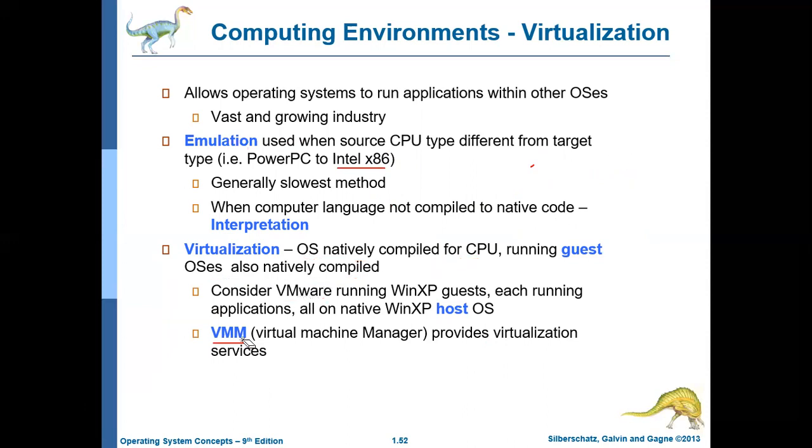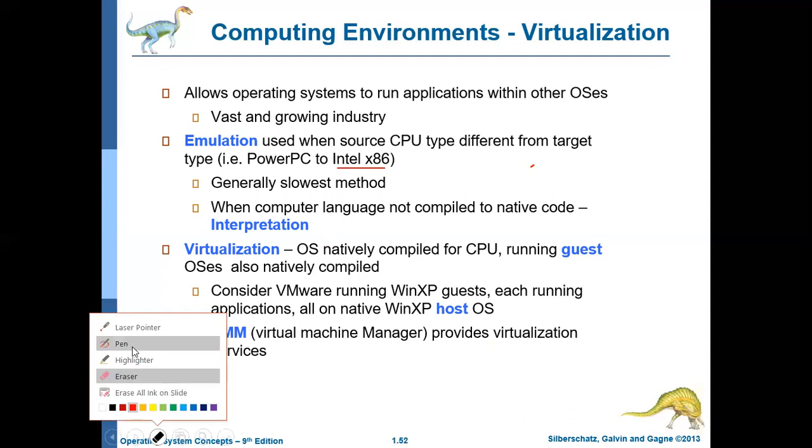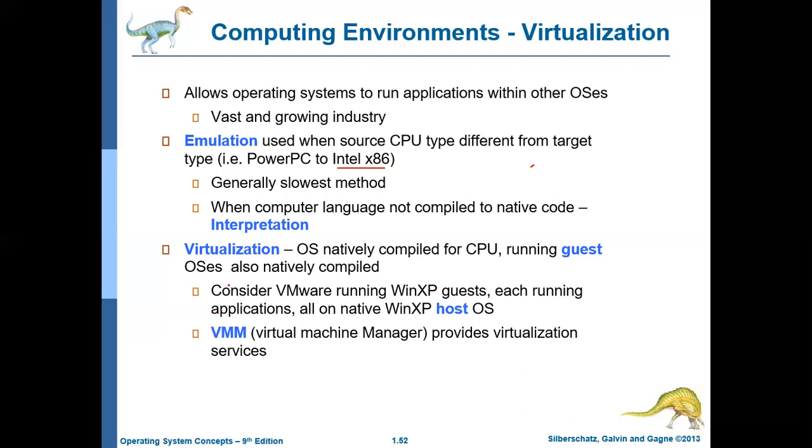Whereas in virtualization, the operating system is natively compiled for the CPU in your system, and it is running another operating system which is also natively compiled for that CPU. That concept is called virtualization. Simply you can say that virtualization is one operating system providing a virtual environment for another operating system, so it is also running another operating system.